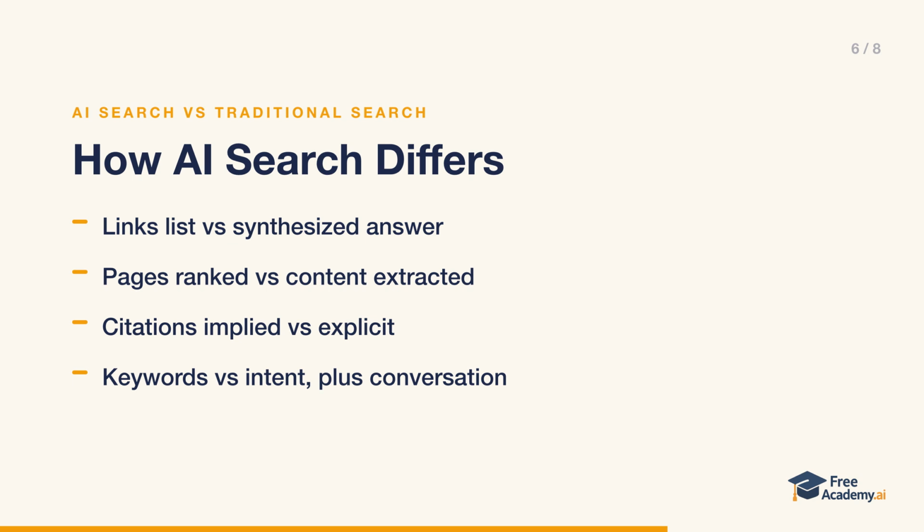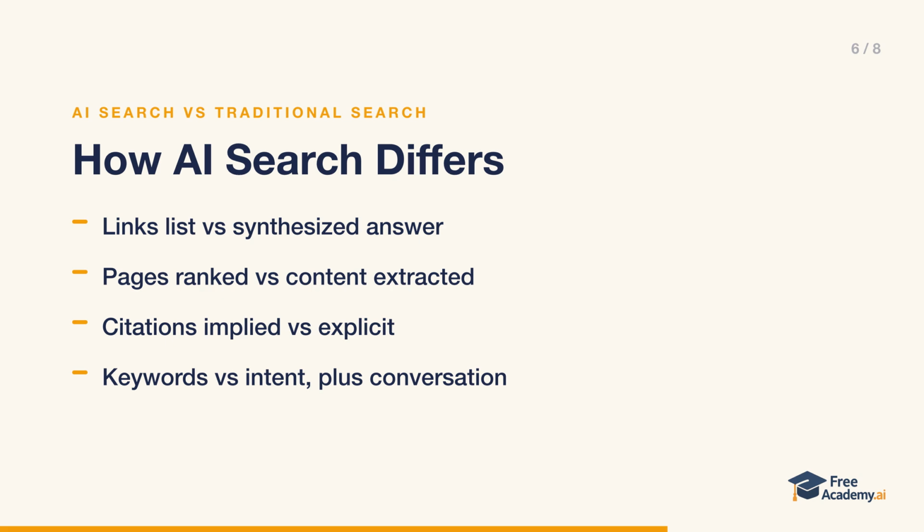Let's compare AI-powered search with traditional search, because the differences change how you should write. Traditional search gives you a list of links. RAG gives you a synthesized answer with sources. With traditional search, the user clicks and reads multiple pages. With AI search, the answer is provided directly. Traditional search ranks whole pages by relevance, while AI search extracts content and combines it.